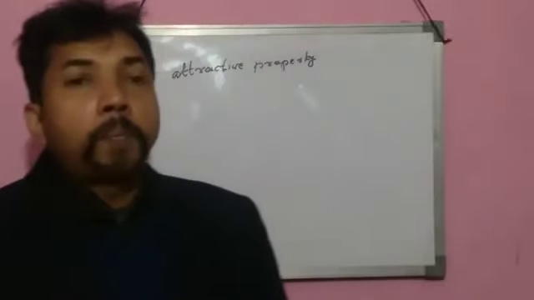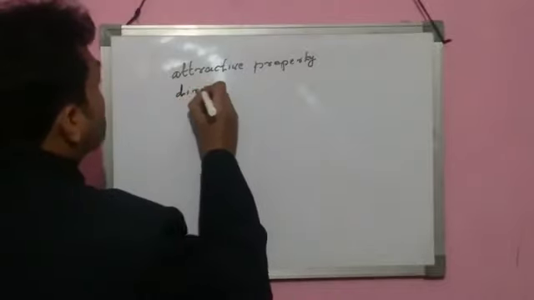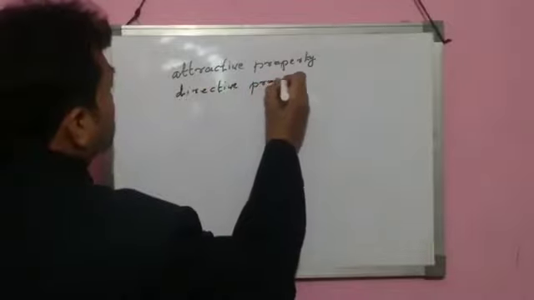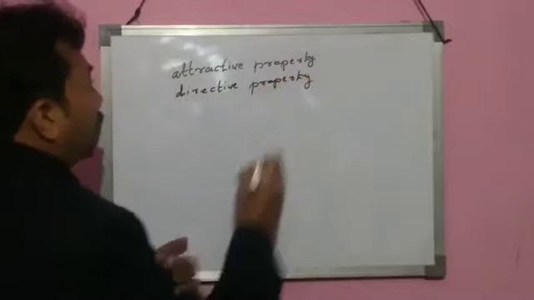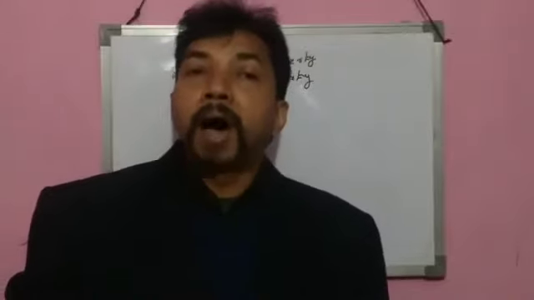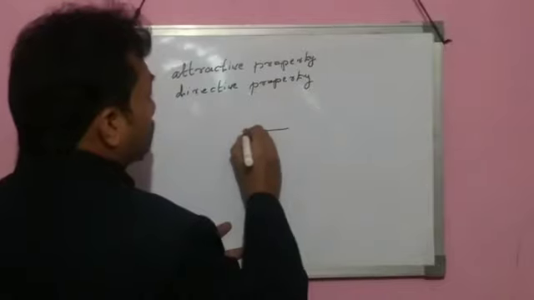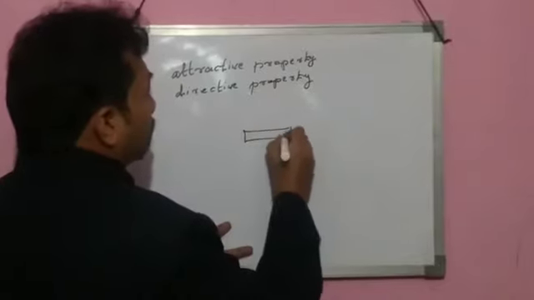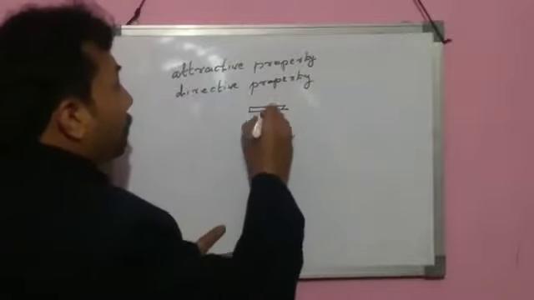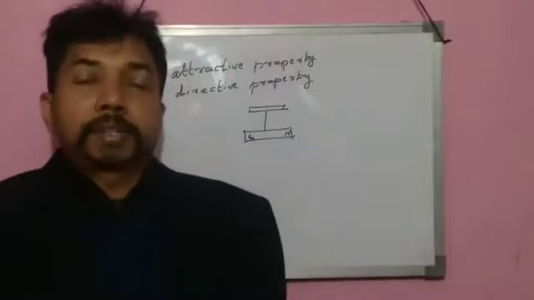The next property is the directive property. Directive property means, suppose you take a bar magnet and suspend it from a support by a silk thread in any direction.